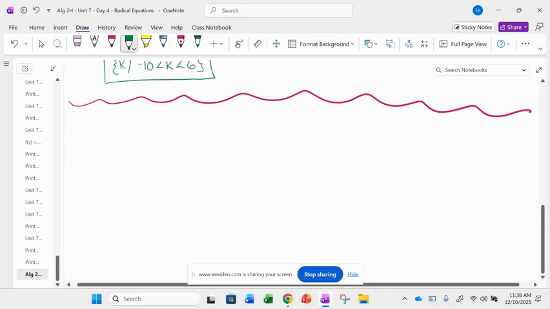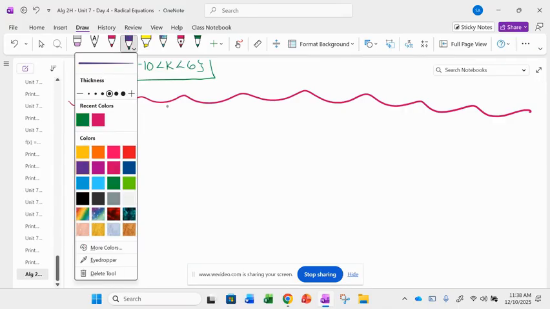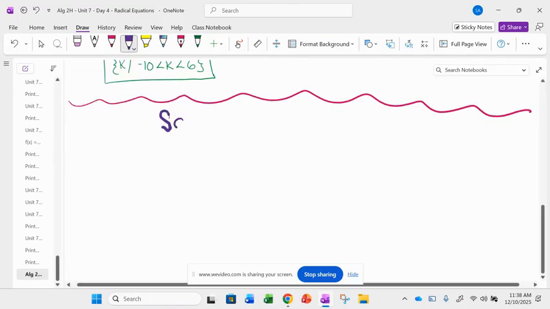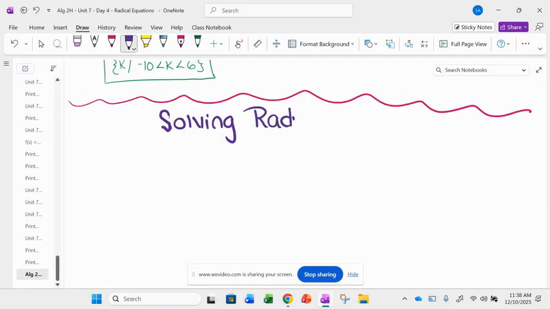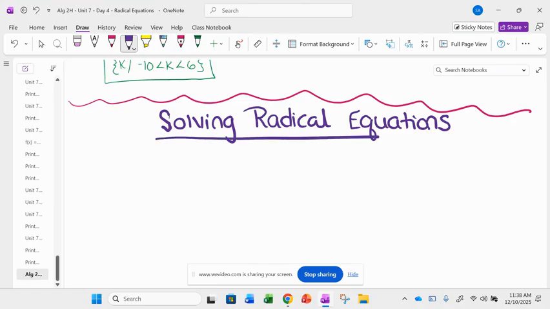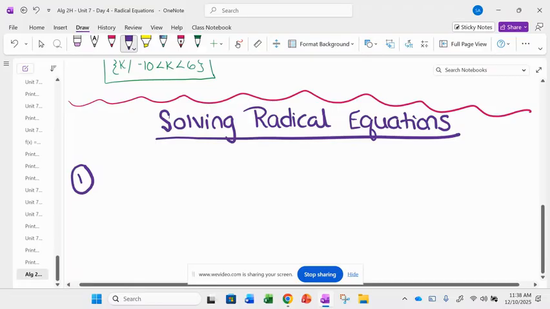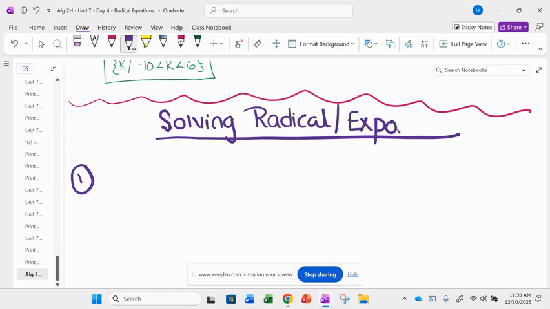Solving radical equations is what we're doing today. Okay, so our first step when solving radical or exponential equations.